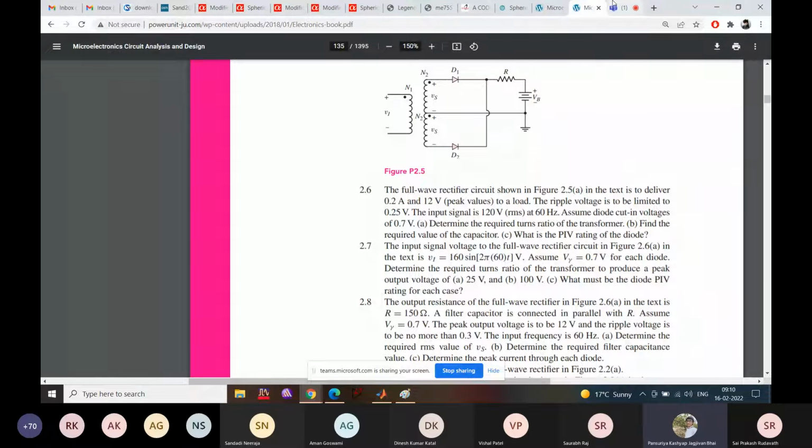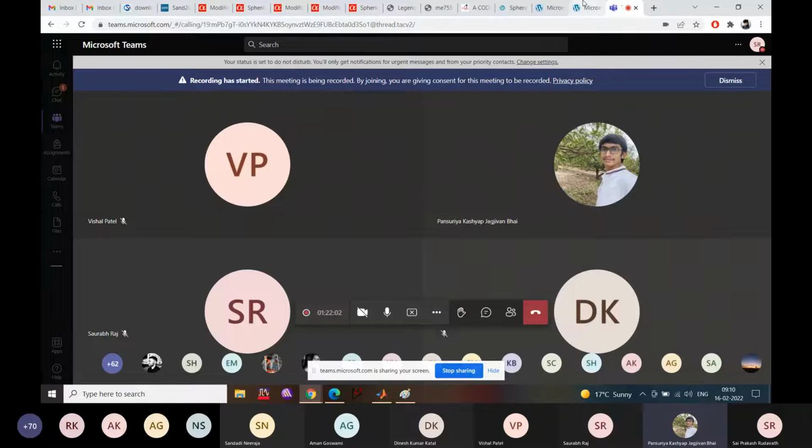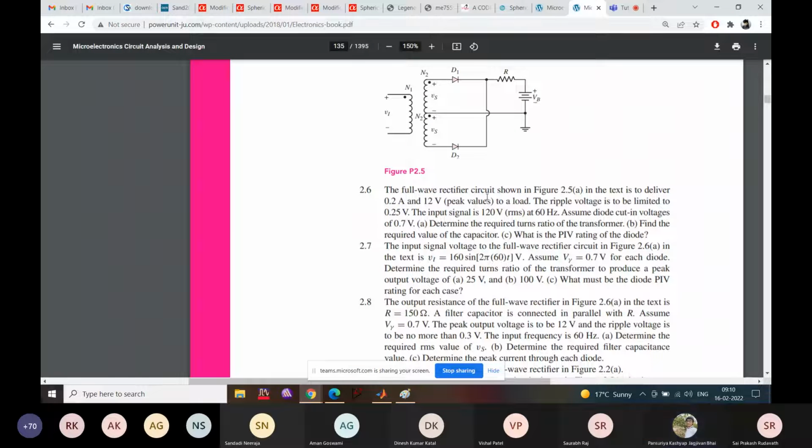Sir, I still have a doubt. Let's consider the positive half cycle. At the point where N2 is written, let's say it is grounded, so it is 0 volts. For the positive half cycle, D2 does not conduct and D1 conducts, so the voltage is Vs minus V gamma.